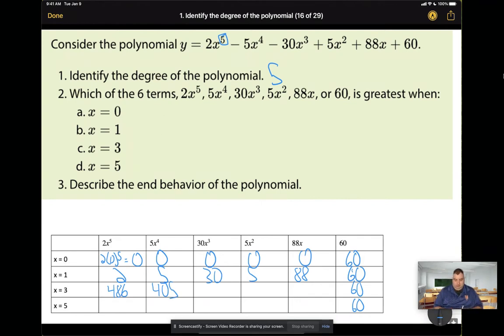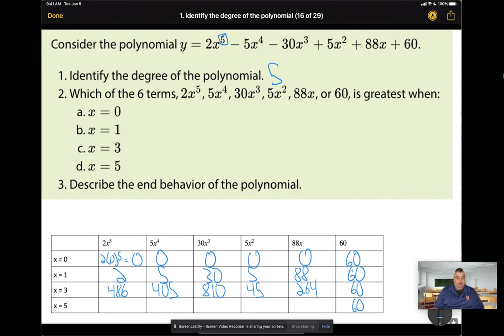Next we're going to do 30 times 3 to the power of 3, and I got 810. Okay, what's next? 5 times 3 squared, and I got 45. And then 88 times x, so that's going to be 88 times 3, and that's 264.